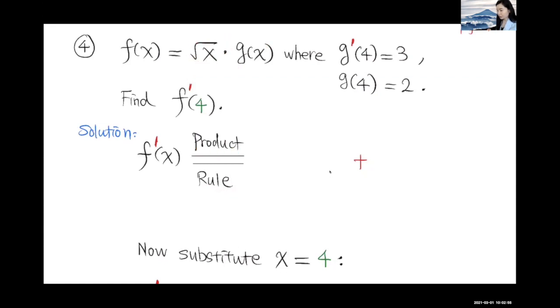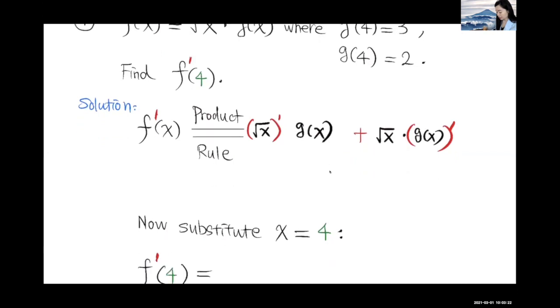So we're going to differentiate the first function, and then we times the second function, adding the first function times the derivative of the second function, right? Okay. Now we already remember the derivative of square root of x is what?